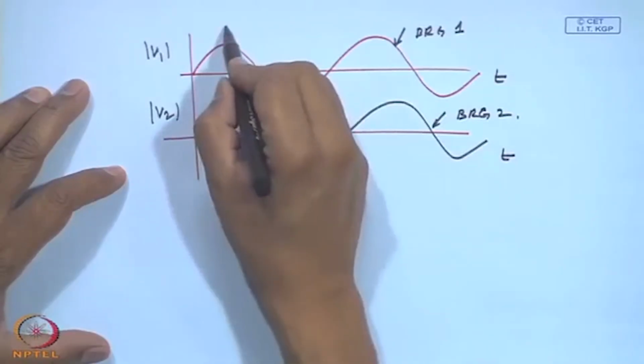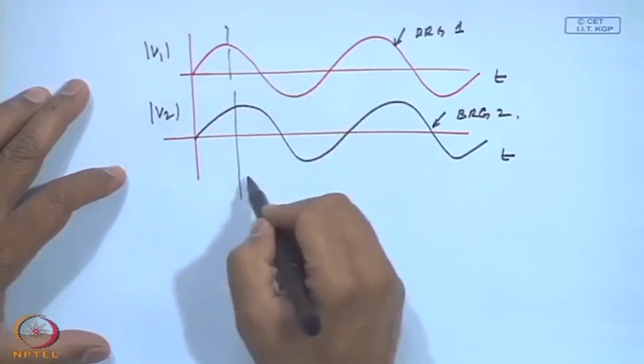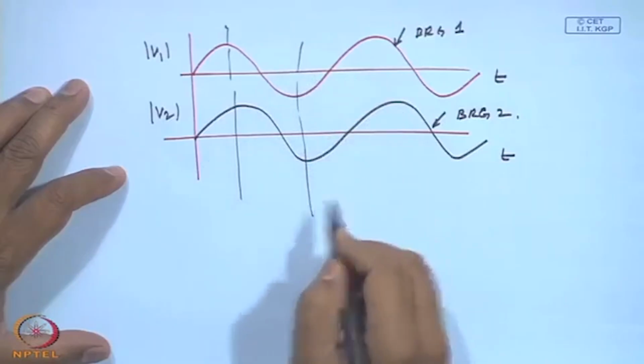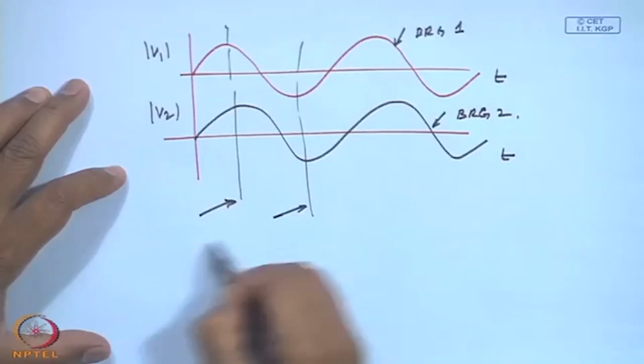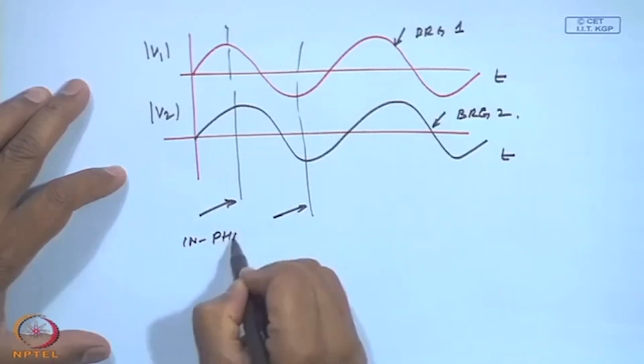By in phase, I mean whenever this one is a maximum, this one is a maximum, and whenever this one is a minimum, this one is a minimum. So, they are all in phase.